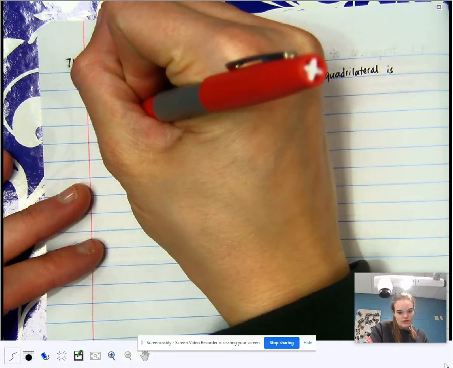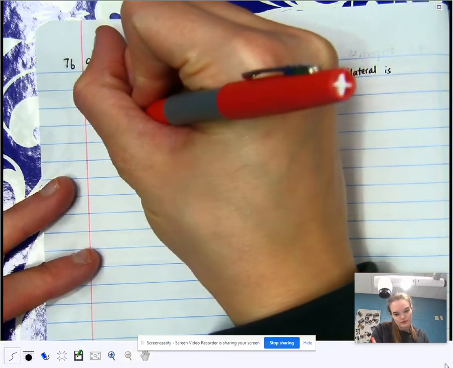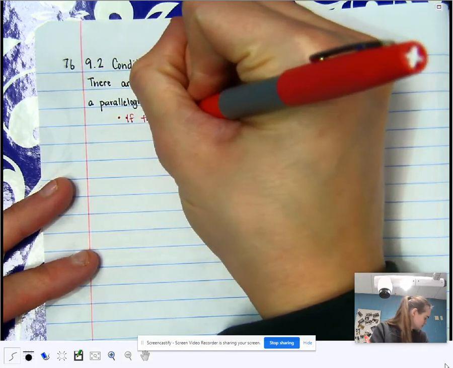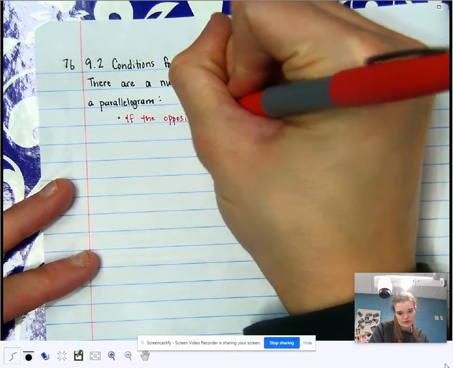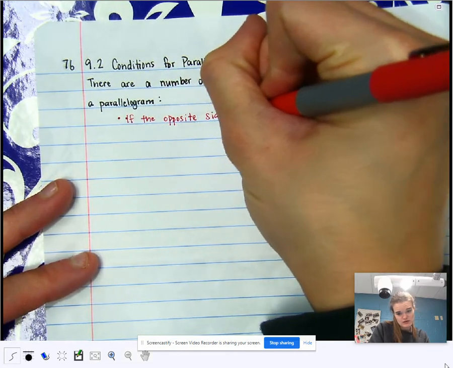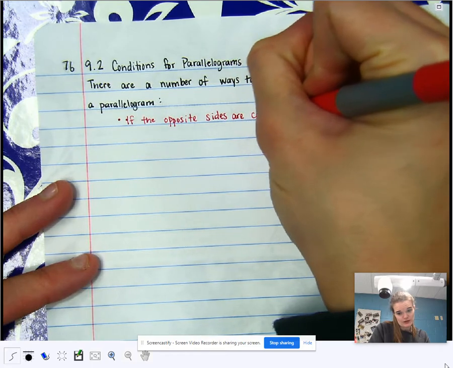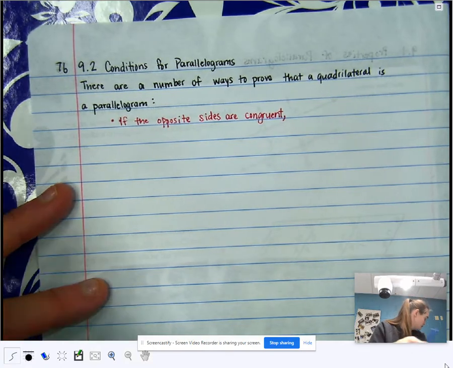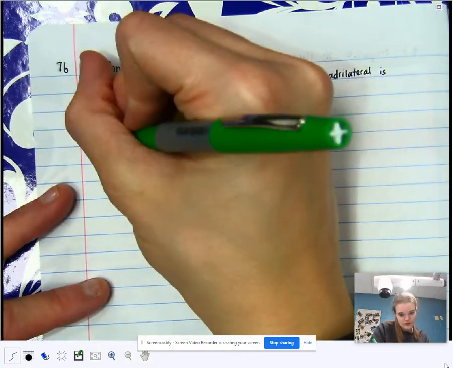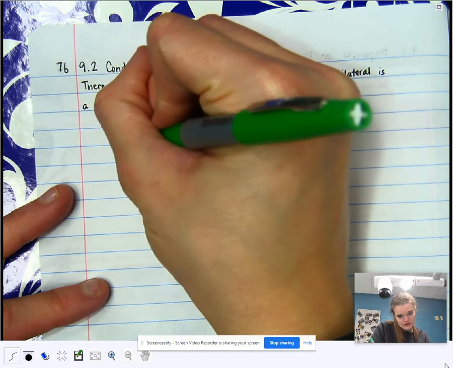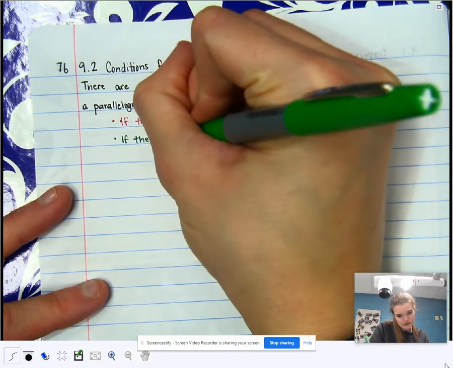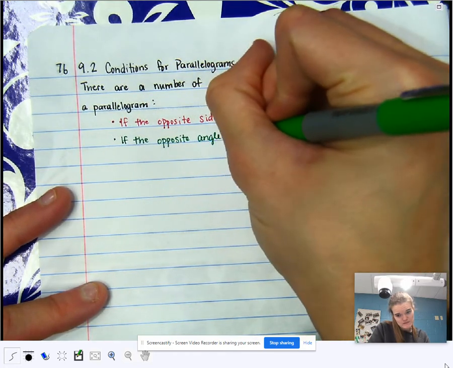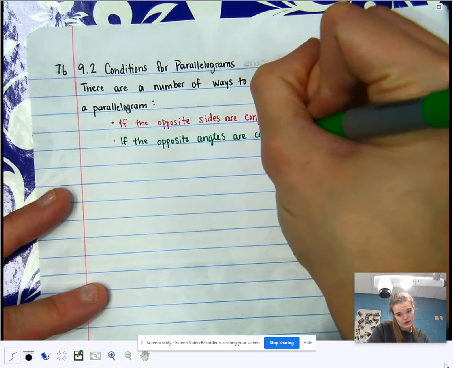So each of these is technically a theorem. So if the opposite sides are congruent, then it is a parallelogram. And I'm not going to write then it is a parallelogram over and over again. We're going to write it once at the end. If the opposite angles are congruent, then it is a, sorry, the bell rang.